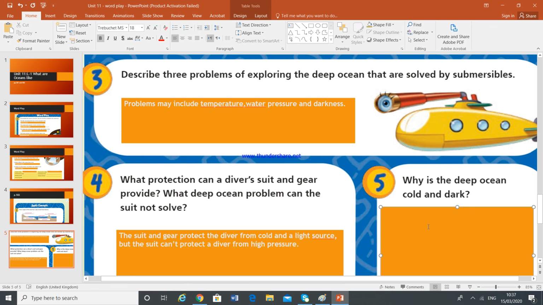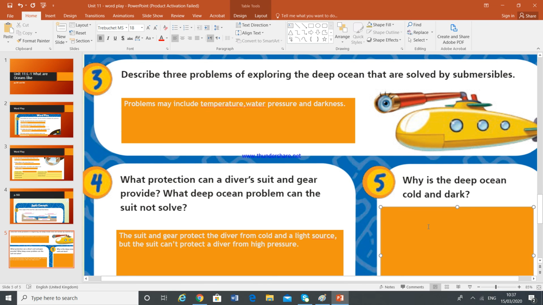Next question. Why is the deep ocean cold and dark? Why is a place dark? Yes, when you go to beaches, you can see the upper surface. It's bright because sunlight can reach the upper surface. But when you're diving deep inside the ocean, does the sunlight reach there? No. Sunlight cannot penetrate into the deeper water.